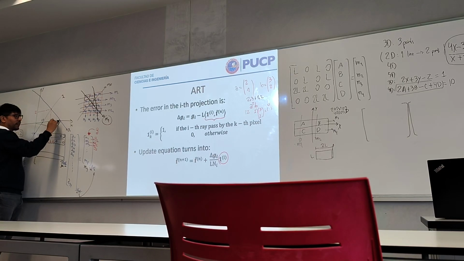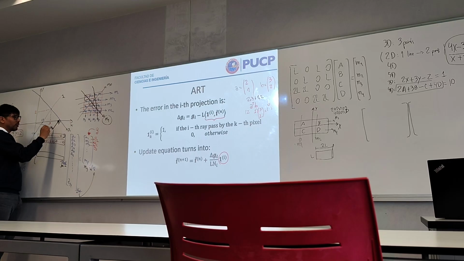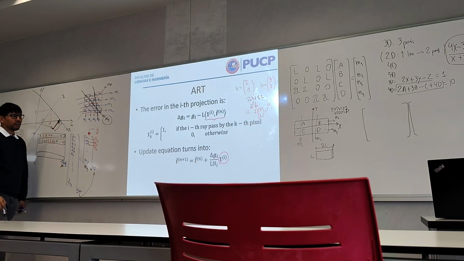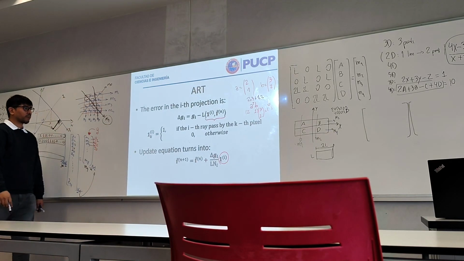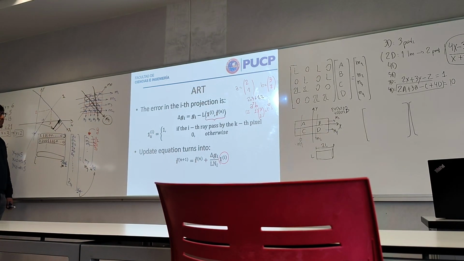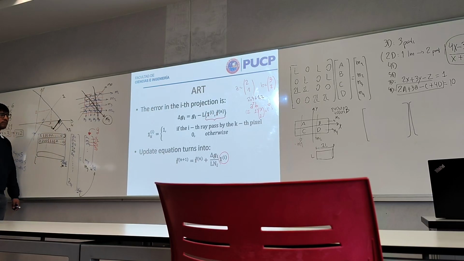The direction of this vector is given by this 1, 0 vector. So we just need to say, from this point, how much we need to move to this position, and that movement is precisely given by delta G. And then we will obtain this one, and that will be the next solution.